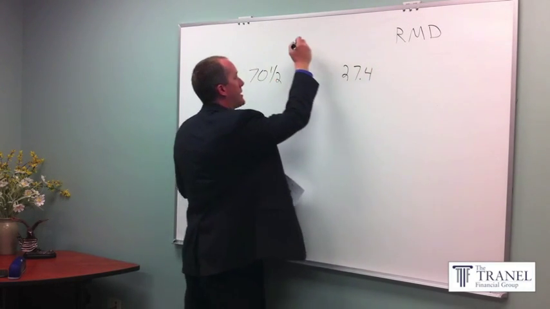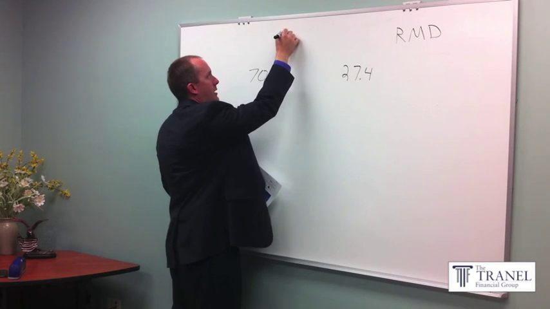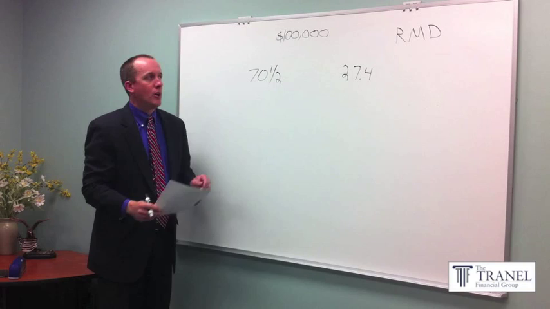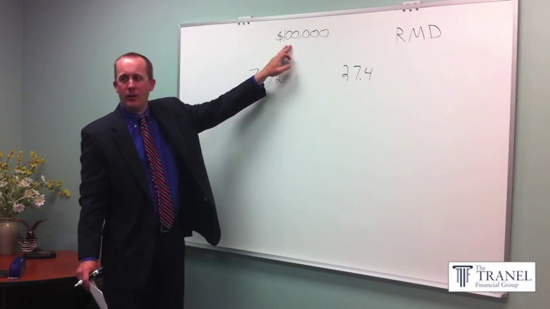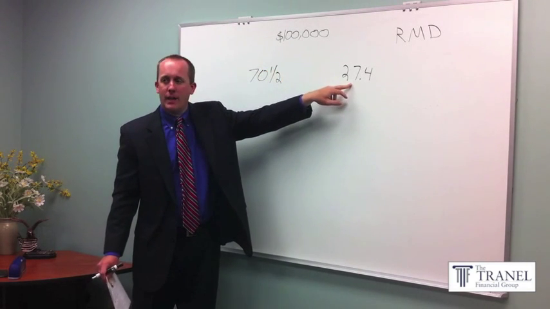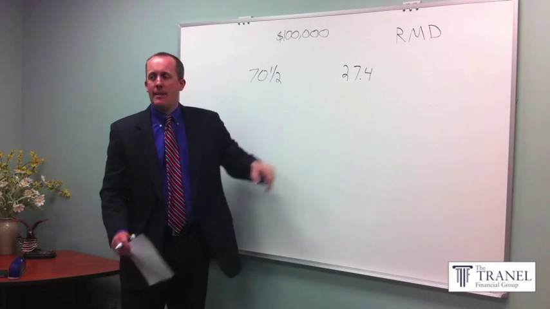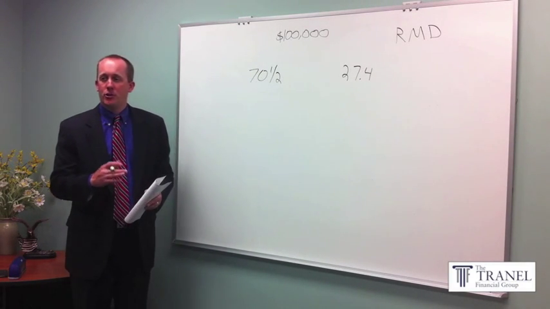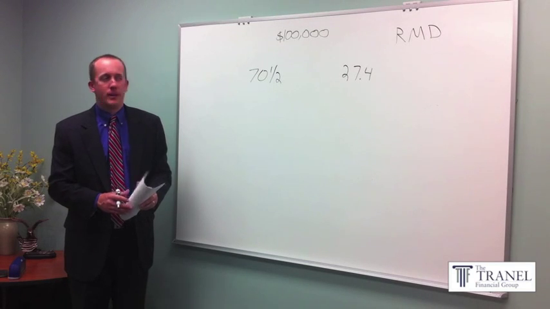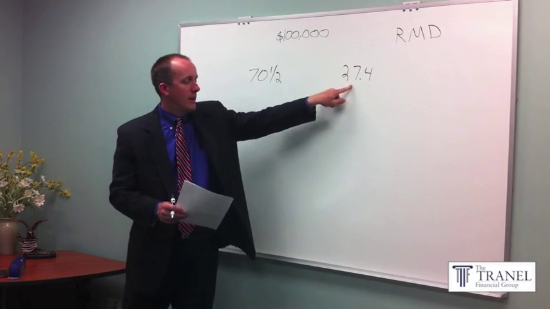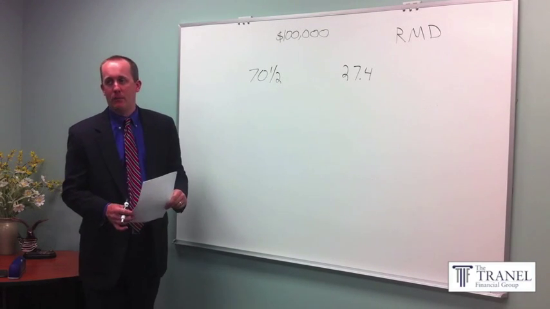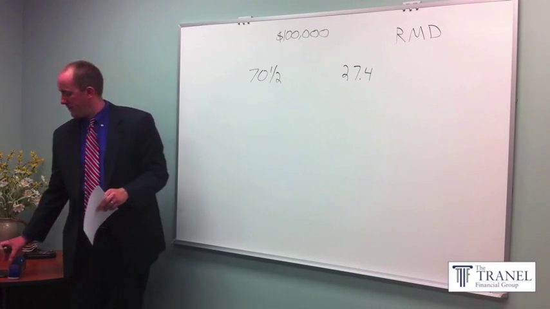So let's say, for example, someone has $100,000. All you do is you take the value divided by the life expectancy, and that's what the IRS forces you to withdraw. That's your required minimum distribution. This number is found on the IRS's life expectancy table that they publish every year.